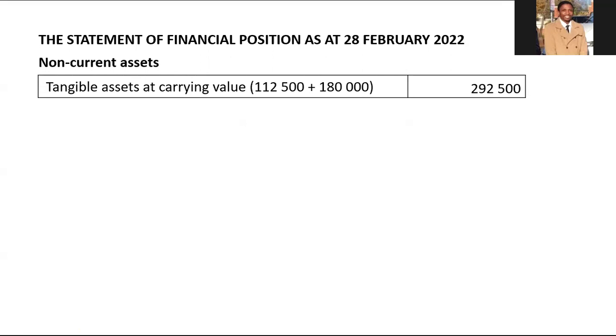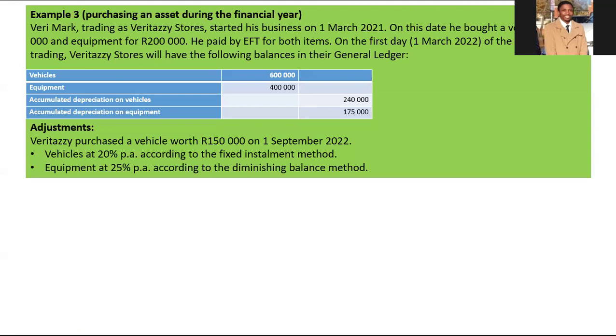Okay. Last example. So here we've got vehicles. Everything here is 1 March 2022, which is the beginning of the financial year. So it ends on the 28th of February 2023. Let's start with vehicles. I'm going to go straight to it.